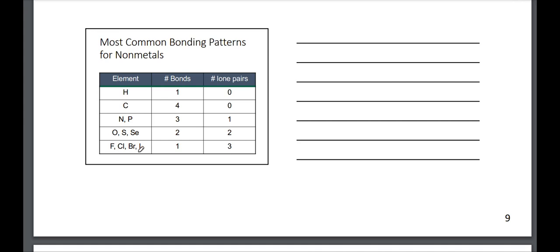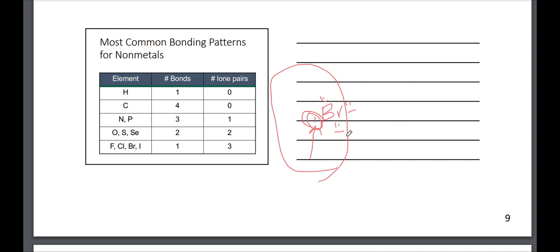Fluorine, chlorine, bromine, iodine. Those guys always form 1 bond with 3 lone pairs, right? Something like bromine, which has 7 valence electrons, 1, 2, 3, 4, 5, 6, and 7. I have 1 electron that requires another electron in order to reach the octet rule, right?